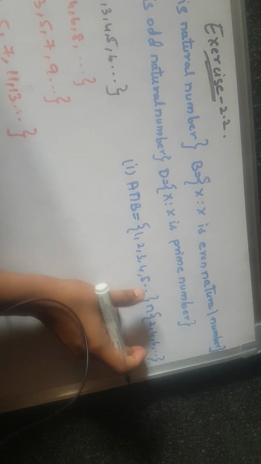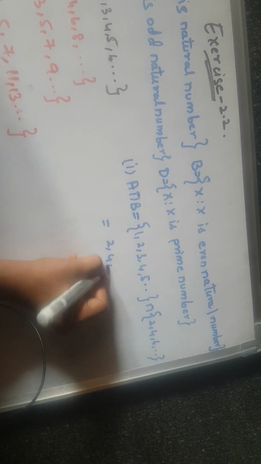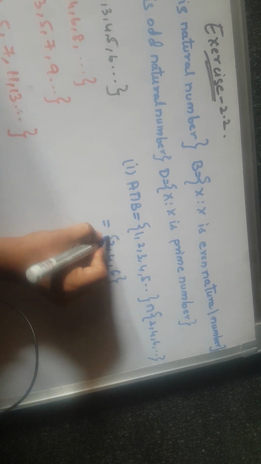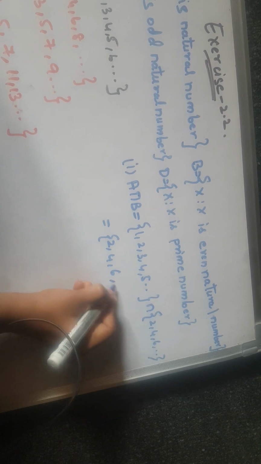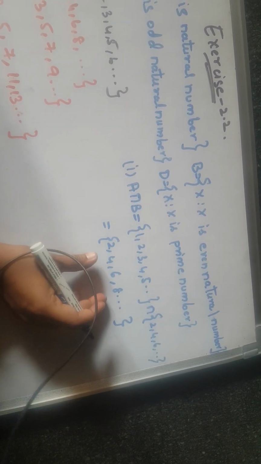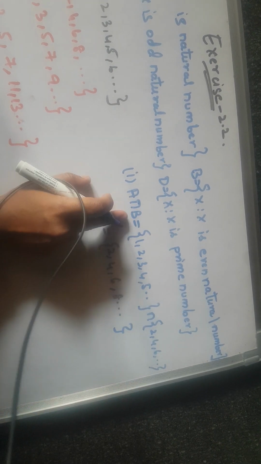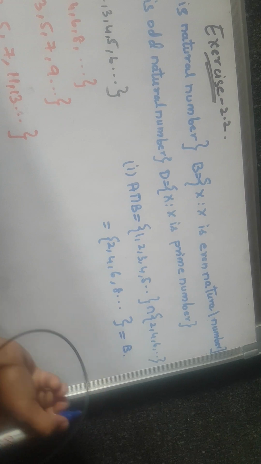So what are the values common here? All the values of B are present in A, no? So all the even numbers will be present in A, 8 and so on. All the values of B are present in A. What is the value of A intersection B? 2, 4, 6, 8, which equals B, no?